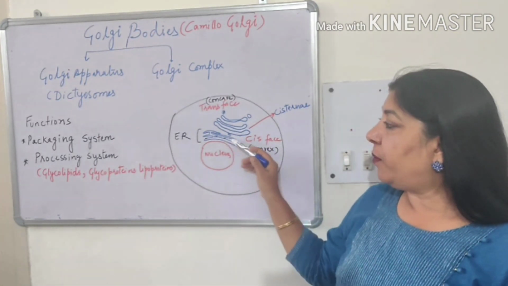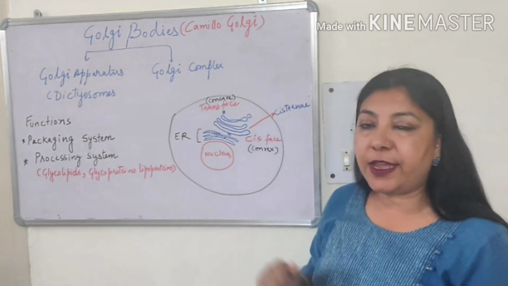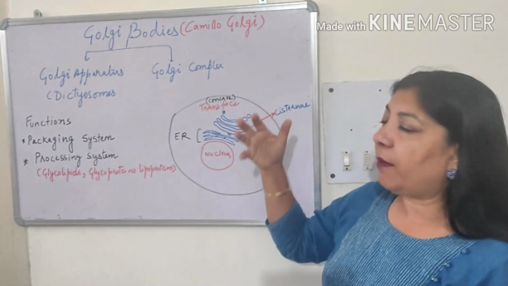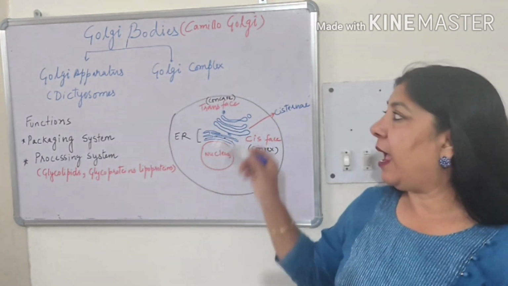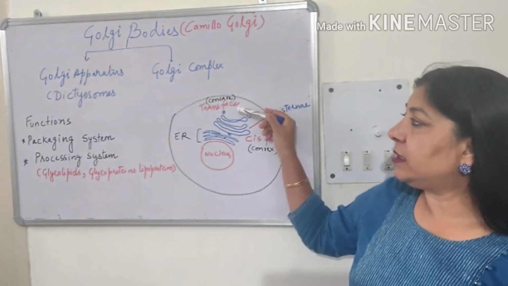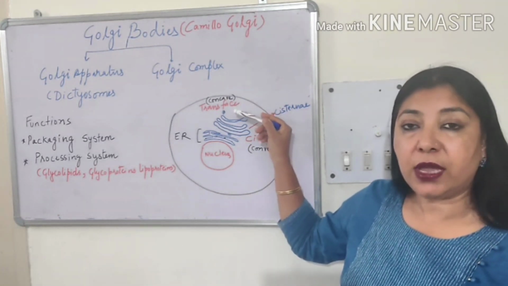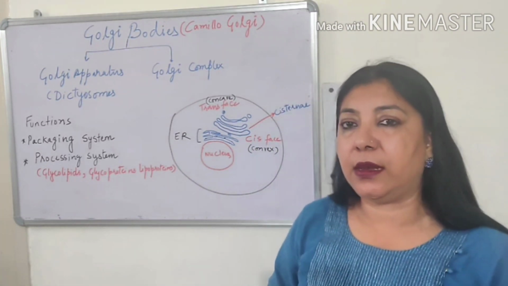So the endoplasmic reticulum adds on new structures at cis phase and Golgi complex processes it and releases it for use at trans phase. So this is forming phase, this is maturing phase. Okay. So Golgi complex is a very important machinery of the cell.